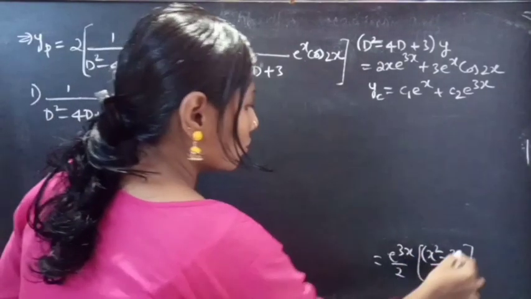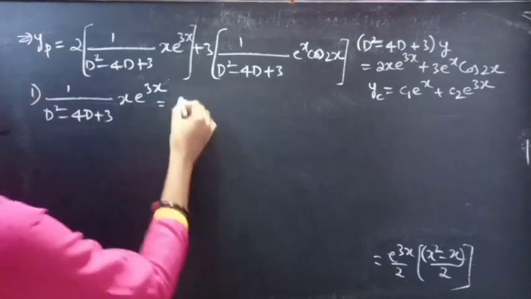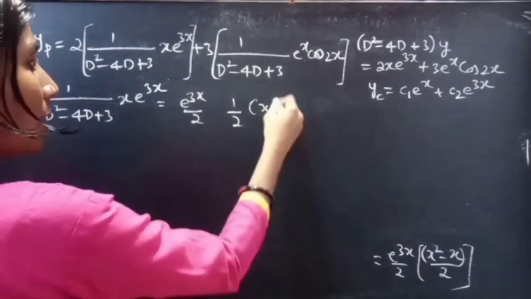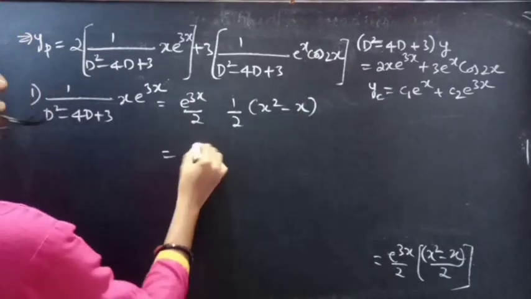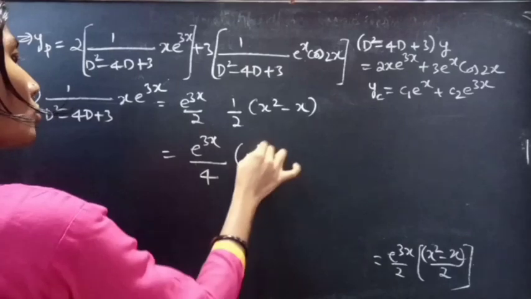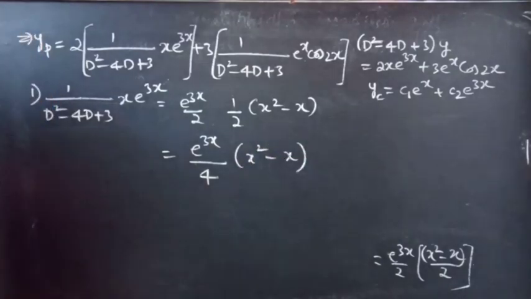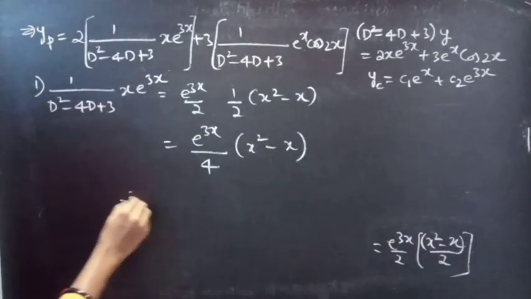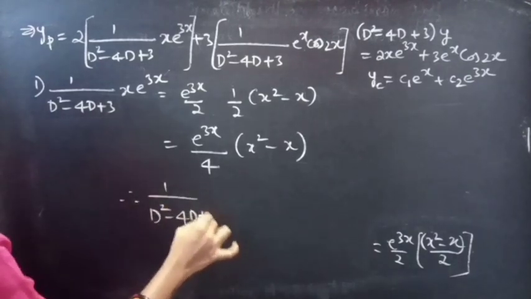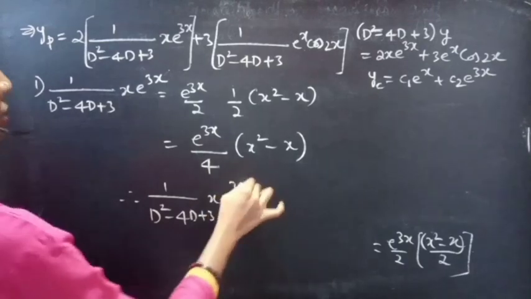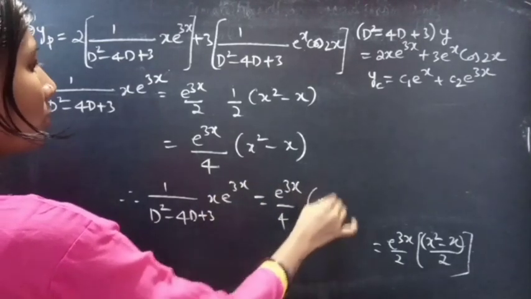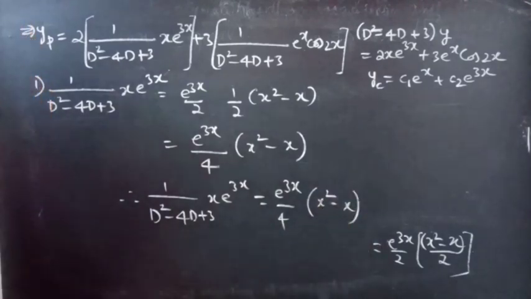Now we'll split this fraction as 1 by 2 into x square minus x. This equals e power 3x by 2 into 1 by 2 into x square minus x. Therefore, 1 by d square minus 4d plus 3 into x e power 3x equals e power 3x by 4 into x square minus x. Okay.